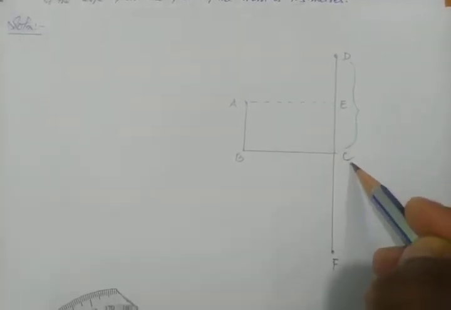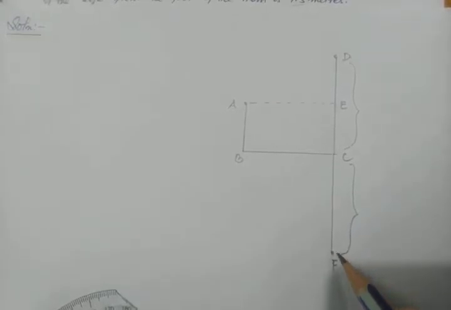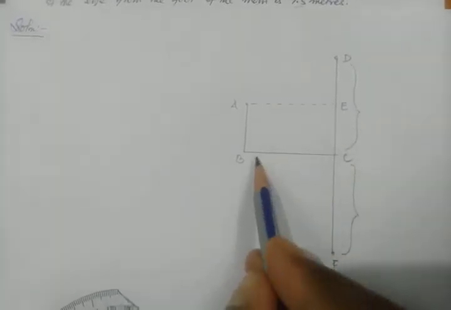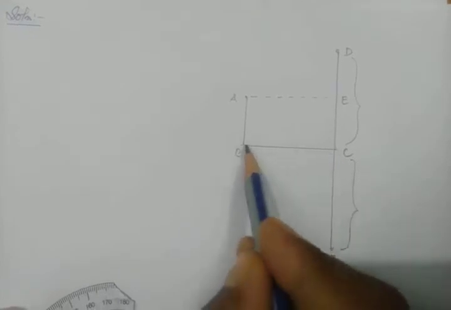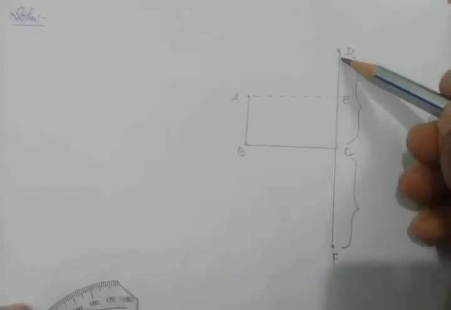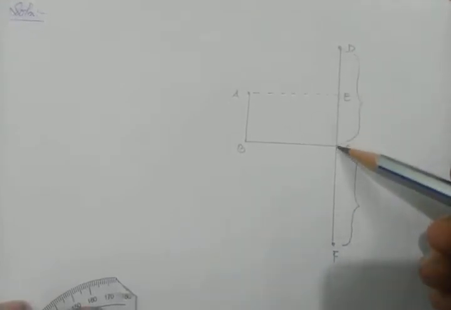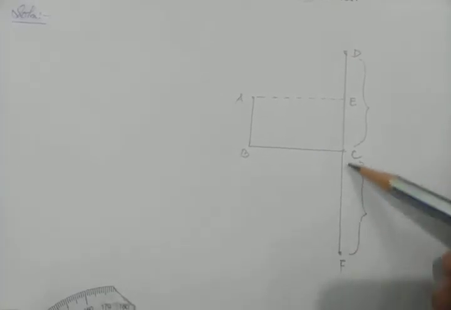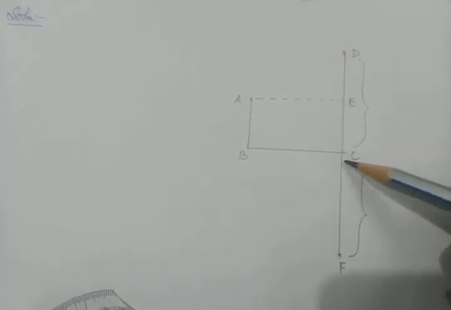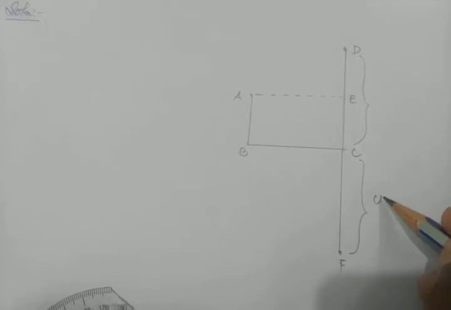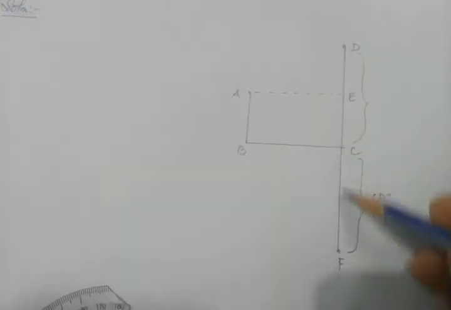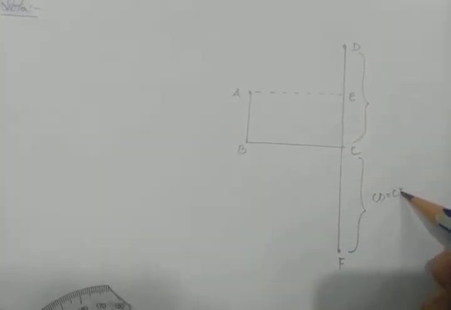This and this should be assumed equal because we are assuming the surface of the pond as a reflecting surface, making this CD the object distance and this CF the image distance. Object distance should be equal to image distance, that is CD equal to CF in any case.